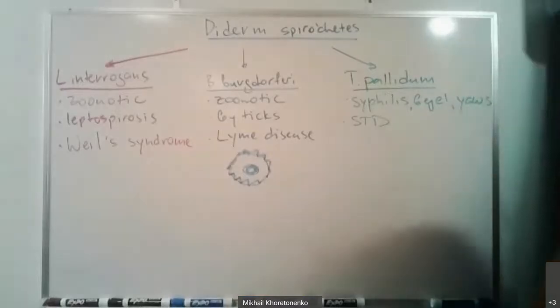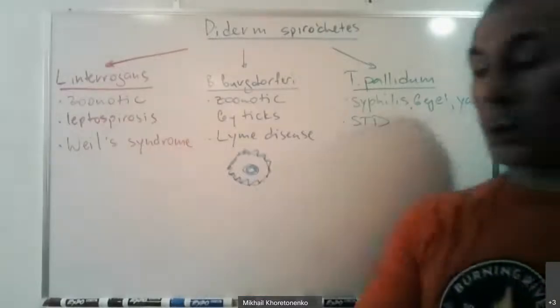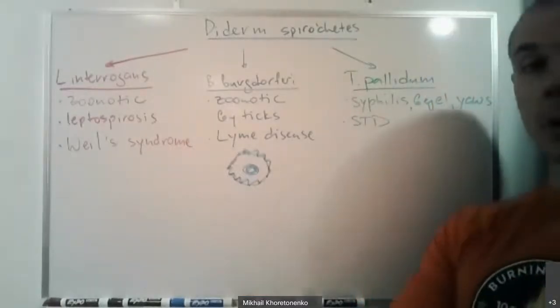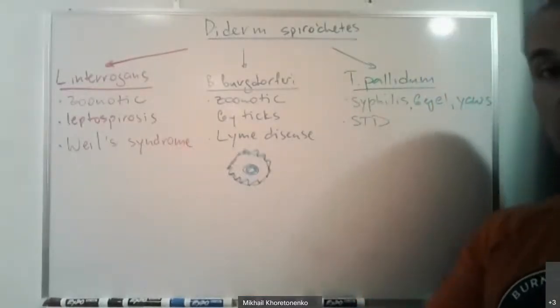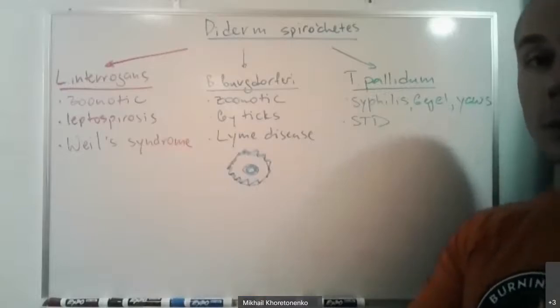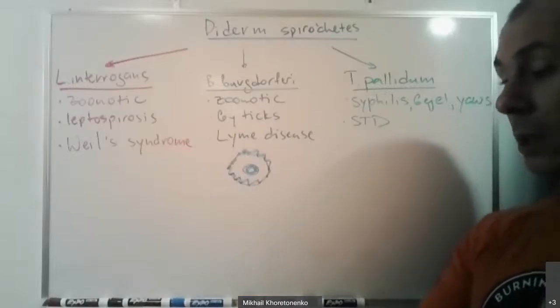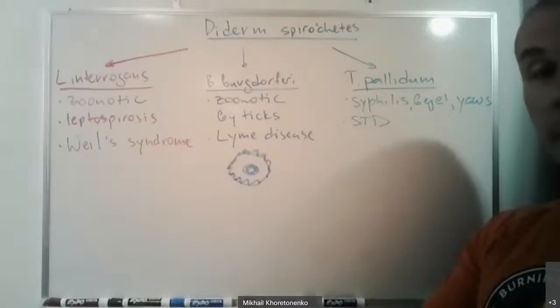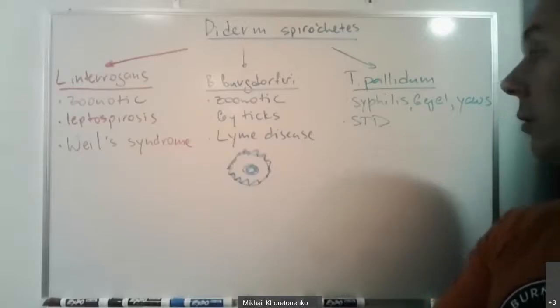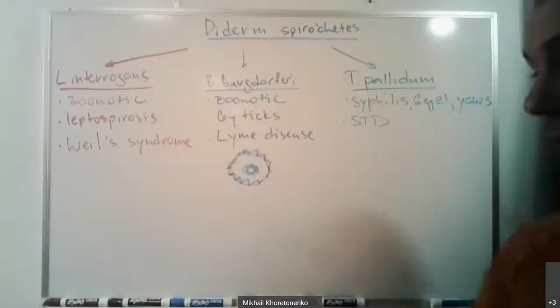There were cases of human-to-human transmission of syphilis, when people shared pretty intimate objects such as towels or even underwear. So yes, that can happen, but by contact, like kissing or hugging or holding the hand, no, syphilis cannot be transmitted.